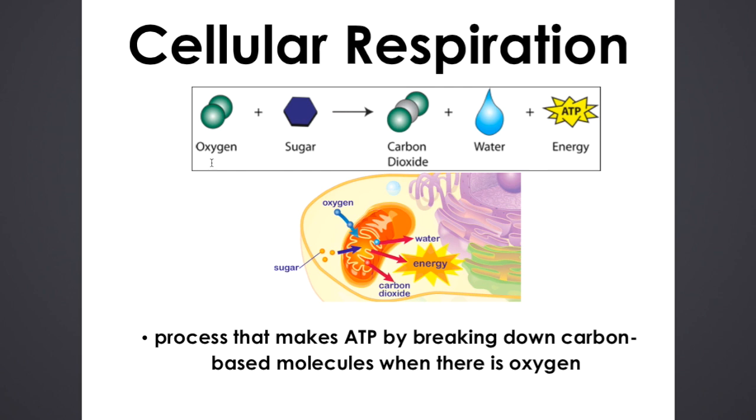So you have oxygen and sugar or glucose, and those help make carbon dioxide, water, and energy in the form of ATP. We will talk more about cellular respiration, but for now, just make sure that you know that it creates ATP or energy.